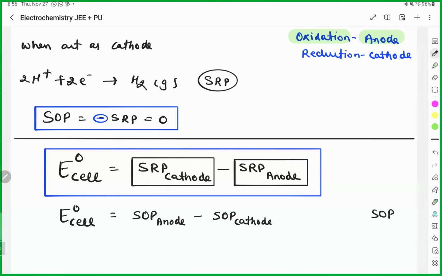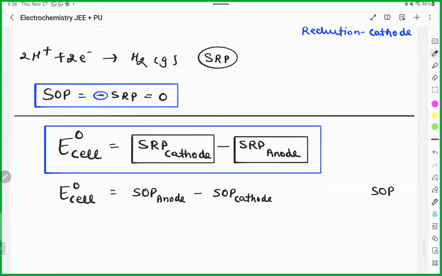Samarth, if I take reduction potential of cathode and oxidation potential of anode, what will be the formula? Sir, both standard, SRP plus SOP. Standard reduction potential of cathode and standard oxidation potential of anode, what should be the sign in between? Sir, plus.